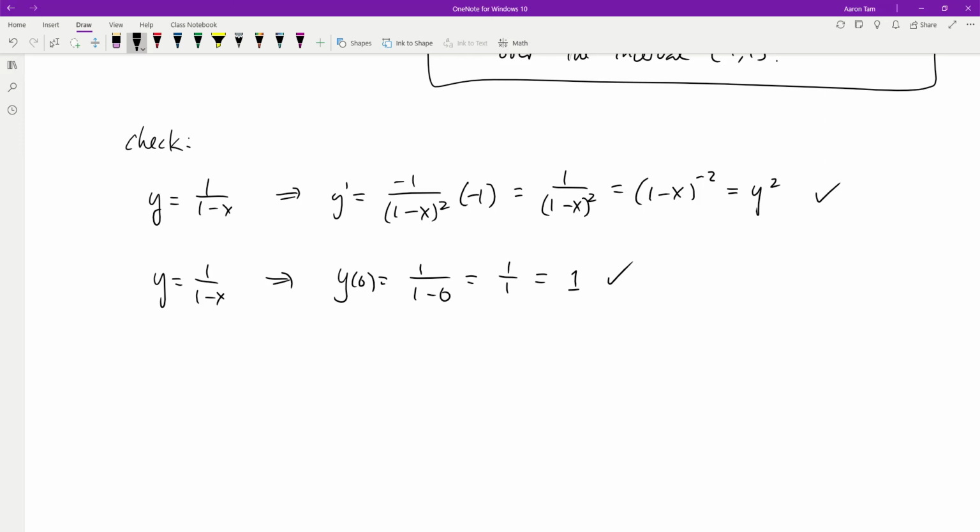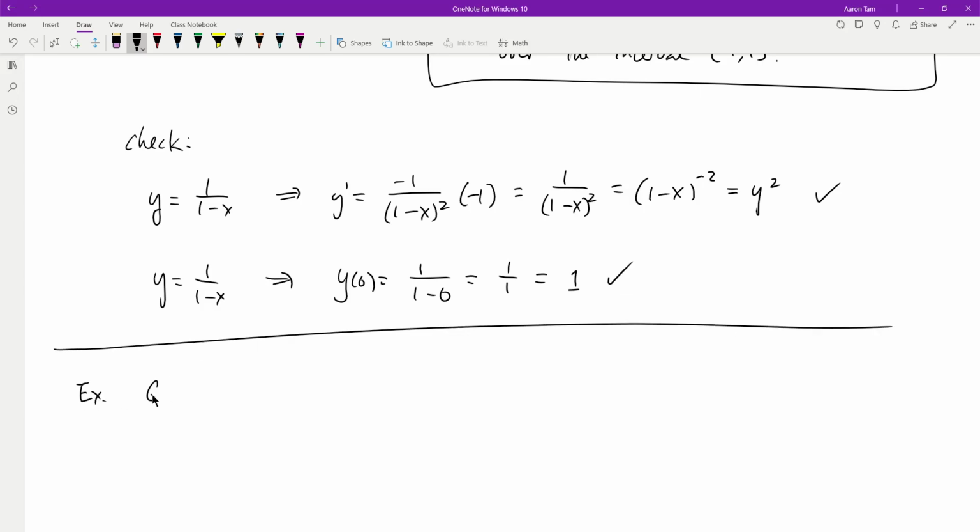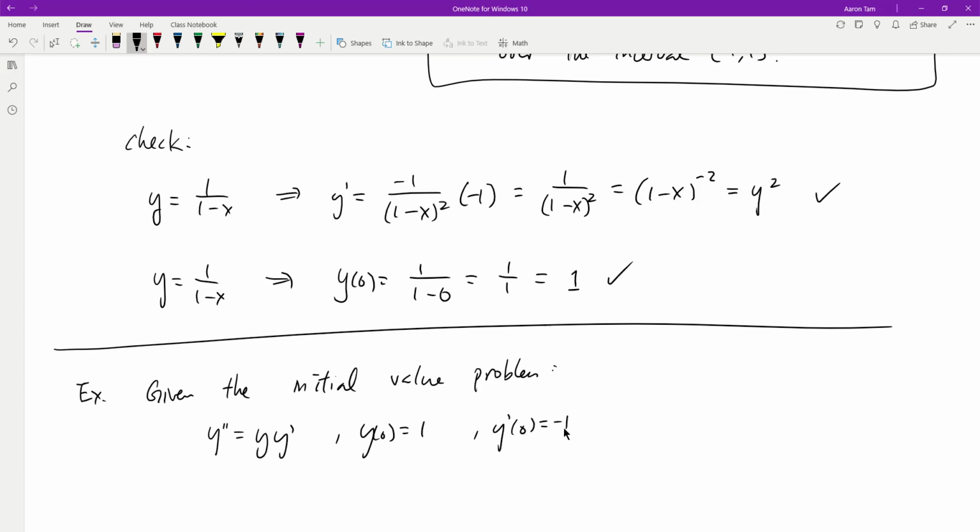Now, I'll show you a second example where it doesn't come out quite as nice. So this one is a little trickier. Given the initial value problem, y double prime is equal to y prime, y of 0 equal to 1, and y prime of 0 equal to -1.